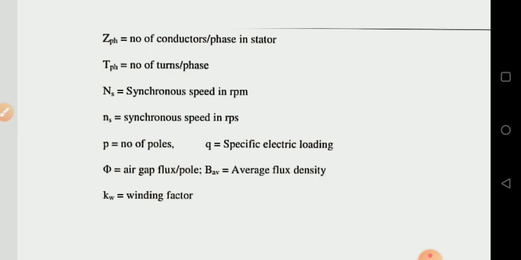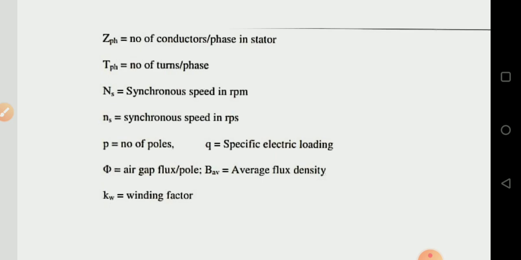Here ZPH is the number of conductors per phase per stator, TPH is the number of turns per phase, synchronous speed in RPM is denoted by Ns, and synchronous speed in RPS by small ns. P is the number of poles, q is the specific electrical loading, phi is the air gap flux per pole, BAV is the average flux density, and kW is the winding factor, which is constant.